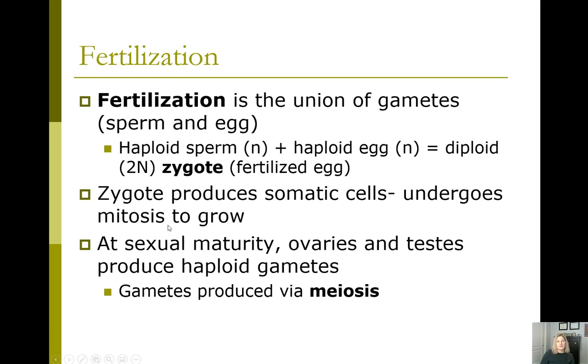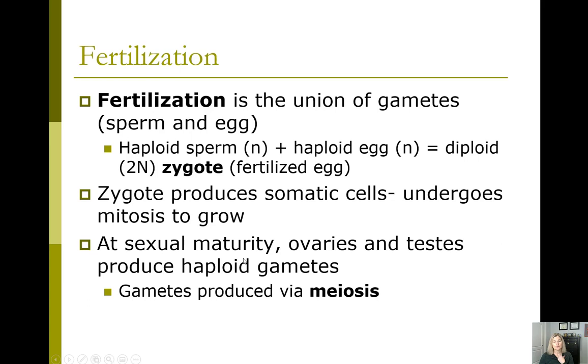Zygotes undergo mitosis to grow and grow and grow and divide and divide and divide and differentiate and all that fun stuff until they become a human baby that's born, and then the baby grows into a child, and the child grows into a teenager, and then it grows into an adult. And by the time it reaches adulthood, it has the ability to produce haploid cells.